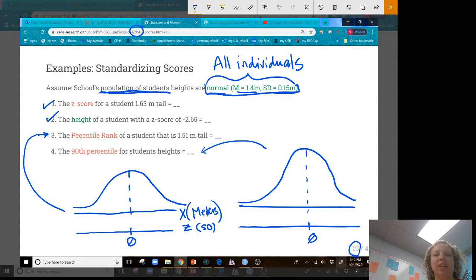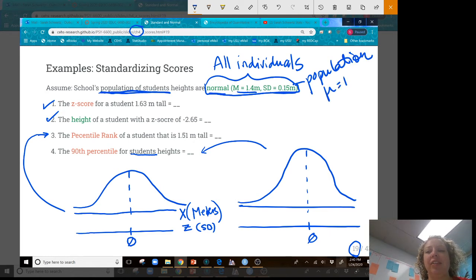Now because these are talking about a single student, percentile rank of a student, and 4 students, the languaging here is talking about an individual. Sample size 1 or all individuals, meaning we use the population mean and standard deviation.